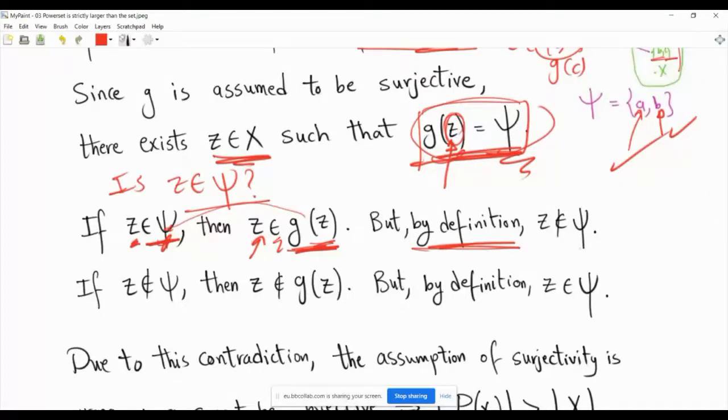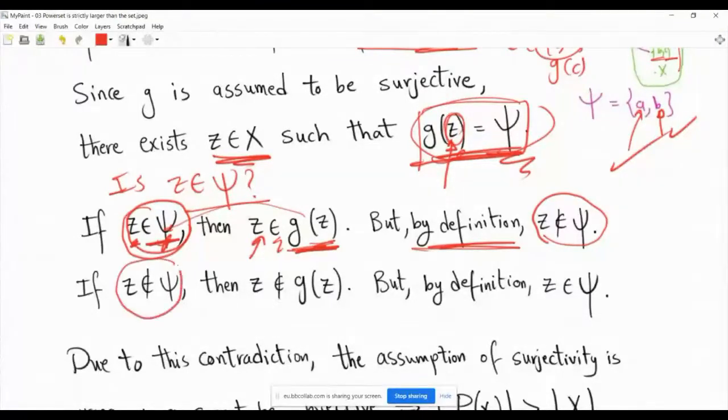So see this logical statement, does it make sense? If Z is in psi, then actually it does not belong to psi. So maybe actually Z is not in psi.